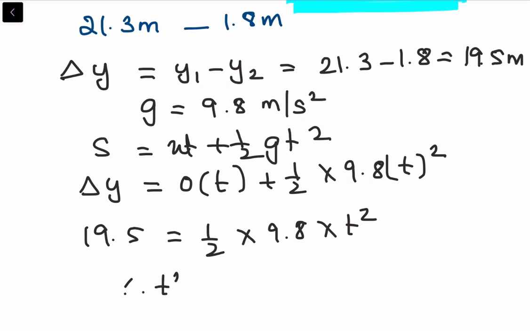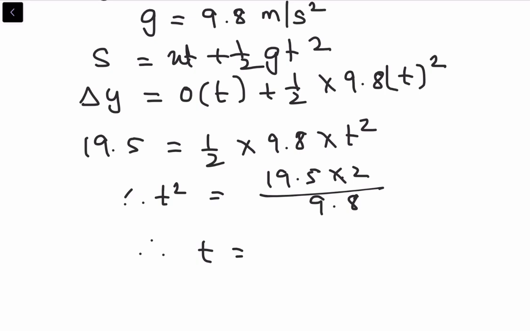Therefore, t square is equal to 19.5 into 2 divided by 9.8. Therefore, t is approximately 1.994 seconds. You can take it as 2 seconds. So t is equal to 2 seconds.